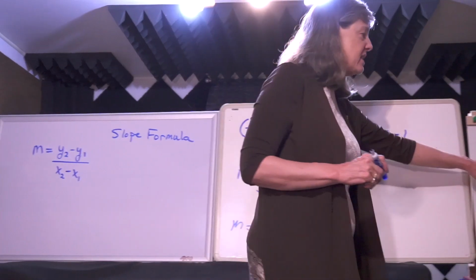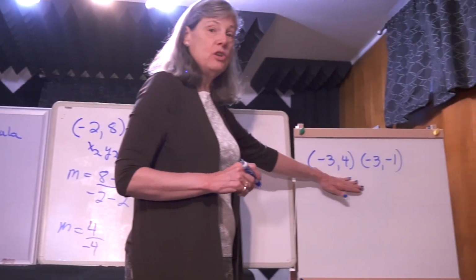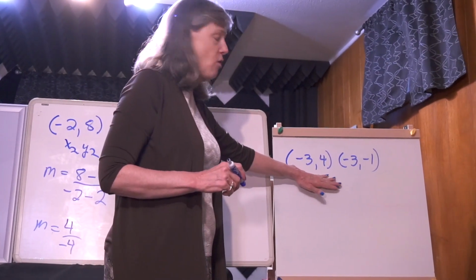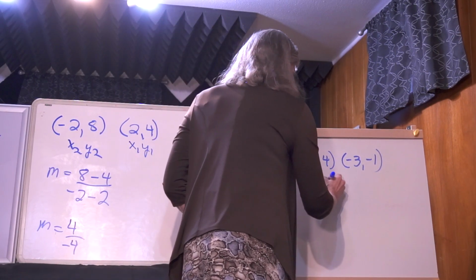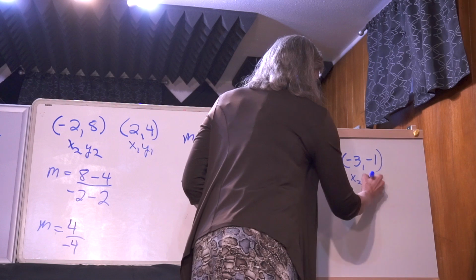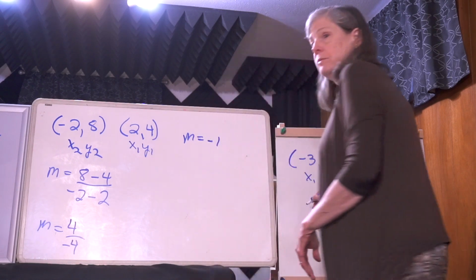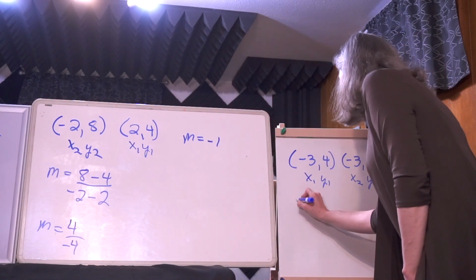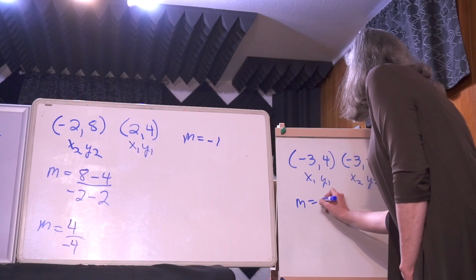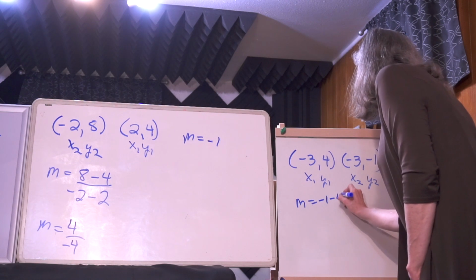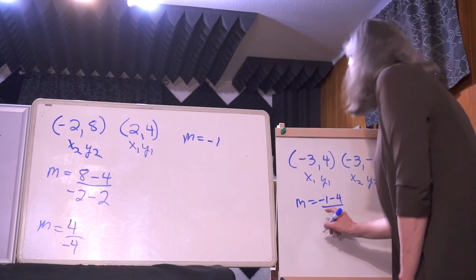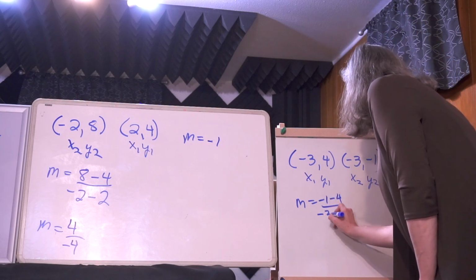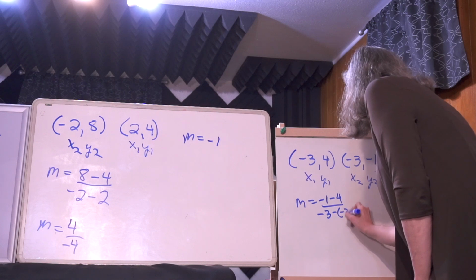Let's look at this example. We can use our slope formula. So x sub 1, y sub 1, x sub 2, y sub 2. So we get m equals negative 1 minus 4 over negative 3 minus 3.